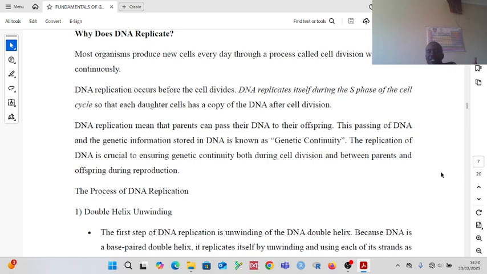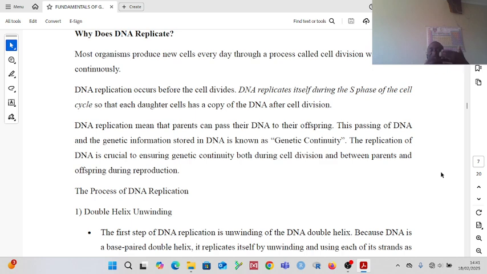So when you have an organism that is actively dividing, the cells are dividing, the organism is growing, increasing the cell mass, then the DNA that was present in one cell also has to be copied so that the second cell can receive a similar copy. But during reproduction, the offspring needs to get what the parent had.